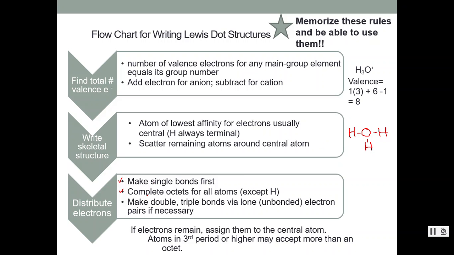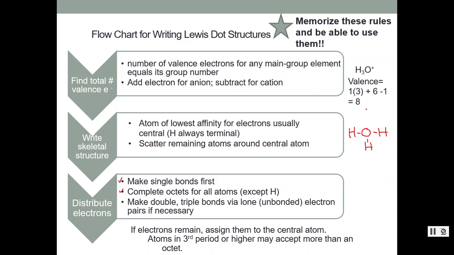Next step, complete octets for all atoms. And I should say all outer atoms first. Hydrogen is the exception, because hydrogen doesn't want an octet, it wants a duet. Looking at our Lewis dot structure so far, our hydrogens already have a duet. They each have 2 electrons. So I've used 6 electrons.